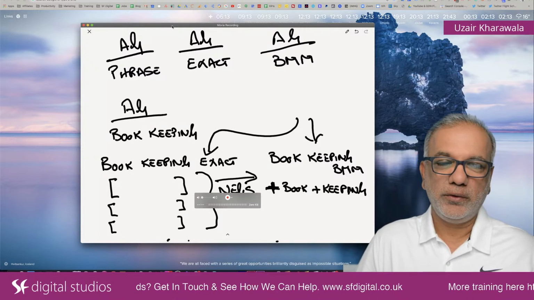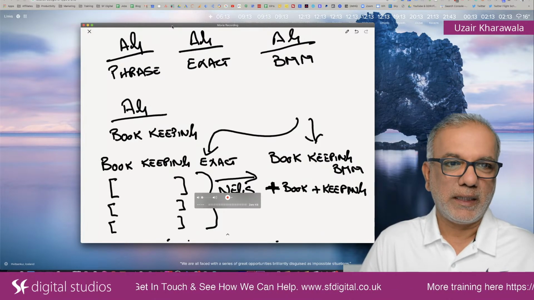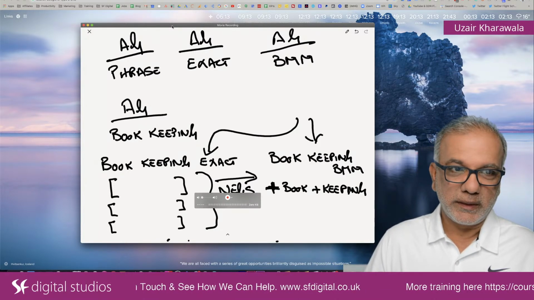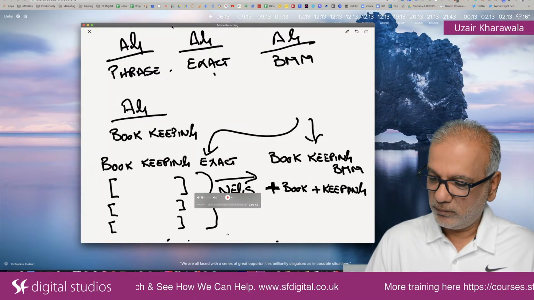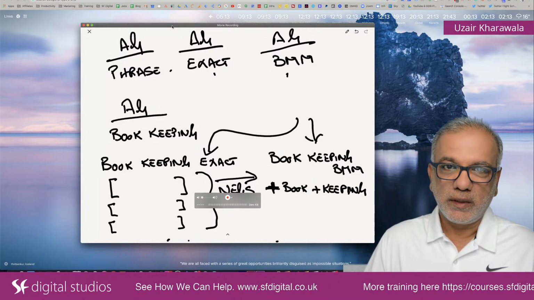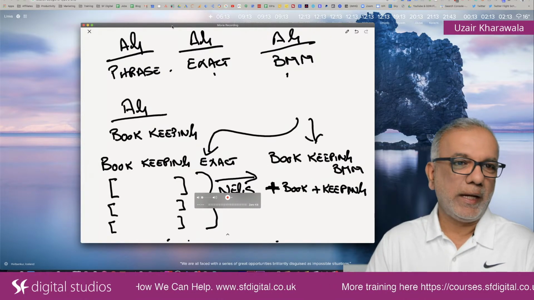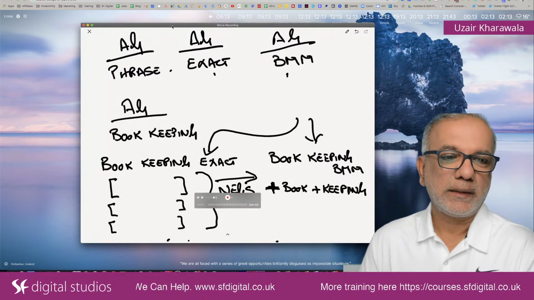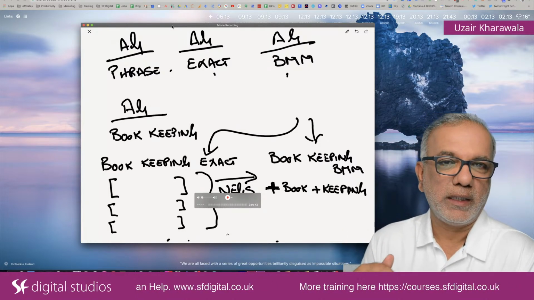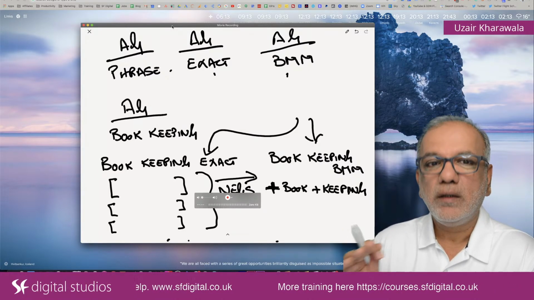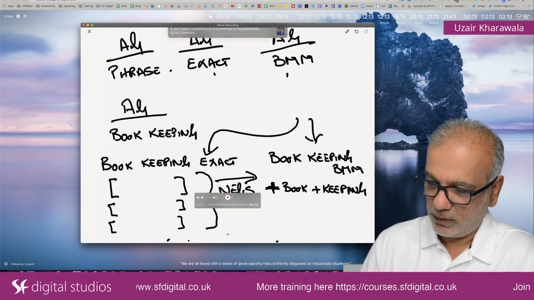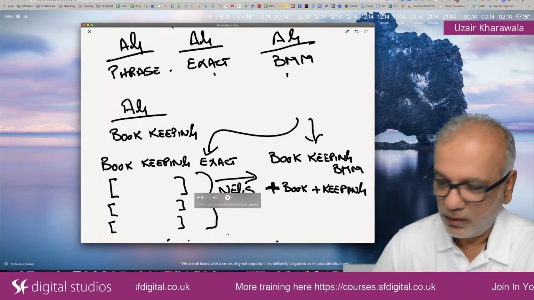If you're fairly new and you want to get started, then what I would suggest is put all these three keyword match types in one ad group and get started and start to get the results, and then keep an eye on which keyword is giving you the best results.